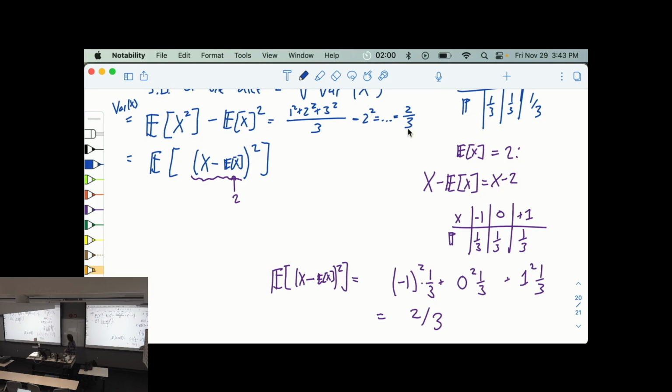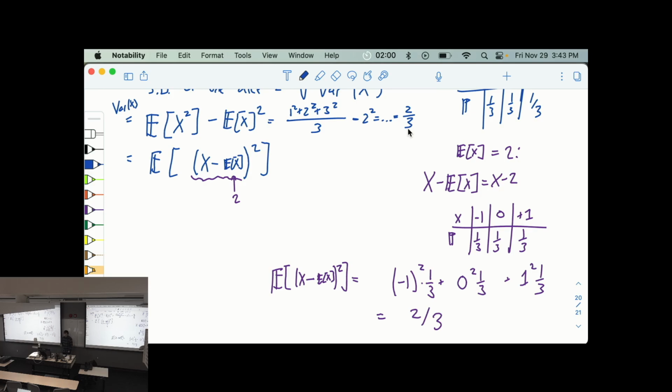Even if it's not, you can always think about the expected value as somewhere in the middle of the distribution of x, and you should have some negative values and some positive values. When you're calculating the variance, you square them all up and add them all together. If you have only positive values in this calculation, you've done something wrong, because the expected value is supposed to be somewhere in the middle. You're supposed to have an equal amount of mass balanced out to the left and to the right. And in this picture, it fits perfectly well.